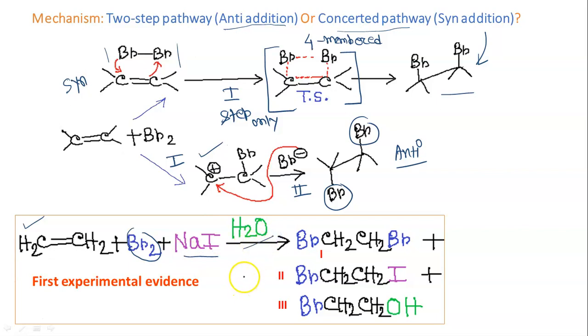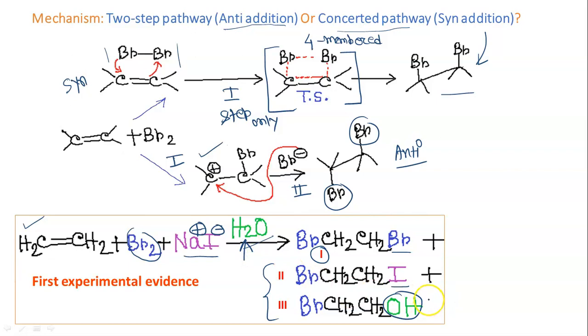Now if it is normal bromine addition, then we should get product 1 only, but we are also getting these two products, where in place of one of the bromines there is I, which is coming from sodium iodide, and OH. This OH is coming from water.